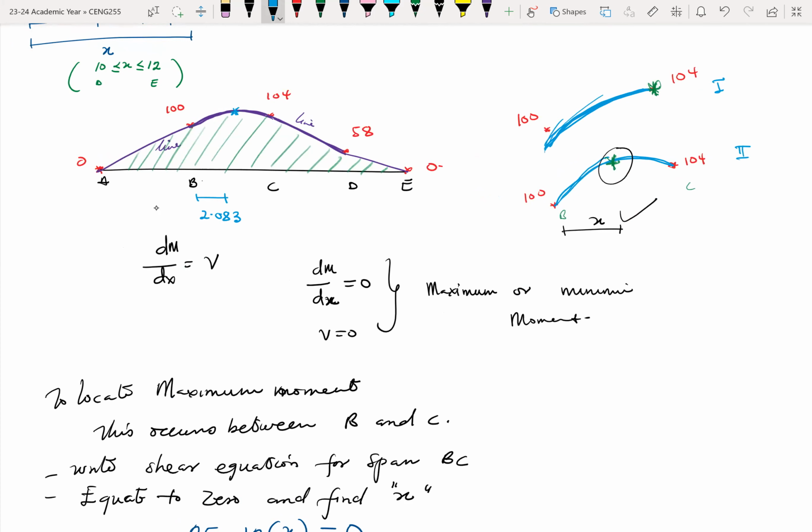It's a little bit just beyond the center of B and C. Please take note, it's not at the center. So this becomes 126.05. Okay, so that's the maximum moment on this structure. So again, take a note, please. This area is a curve, and then the rest are lines.